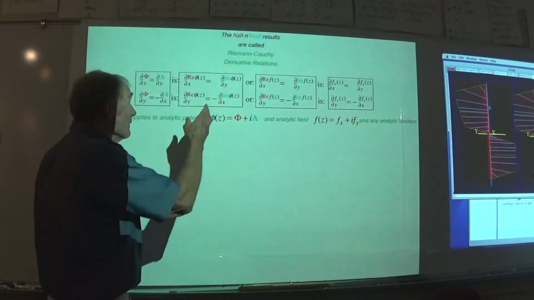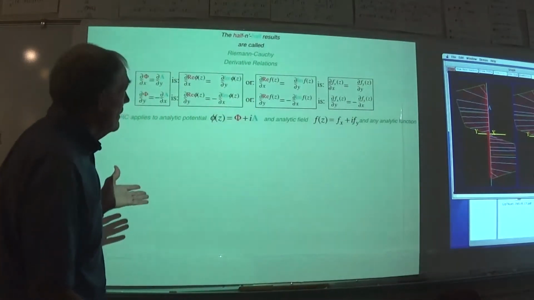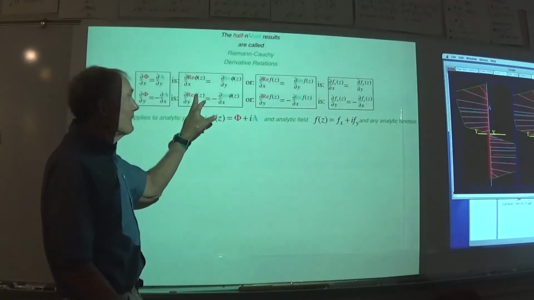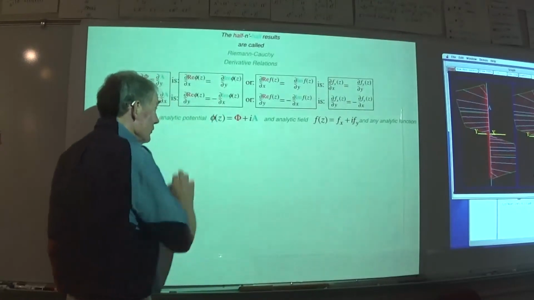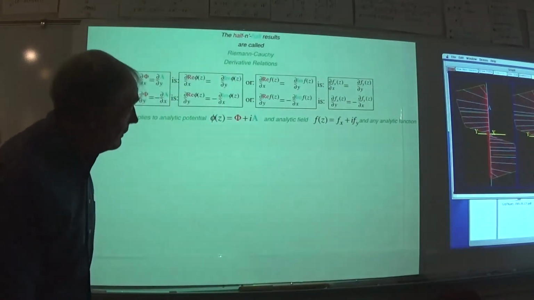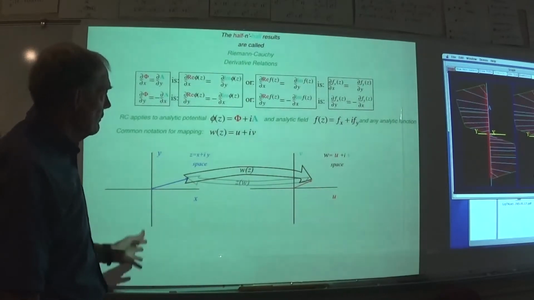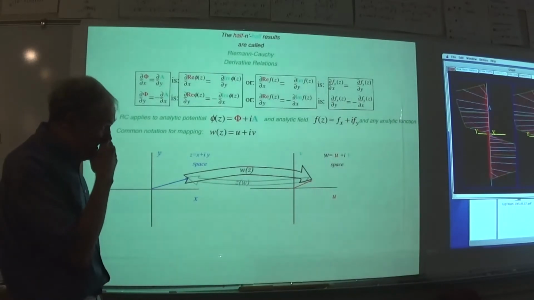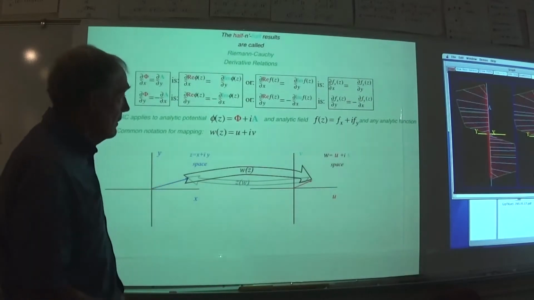The idea of these Riemann quotient derivative relations, they work for both the potential and the field. Either one of them does satisfy these things. So that's an important idea. And it's also important because if you're doing a mapping, and that's the other thing that this application that TC is putting together will do very nicely.